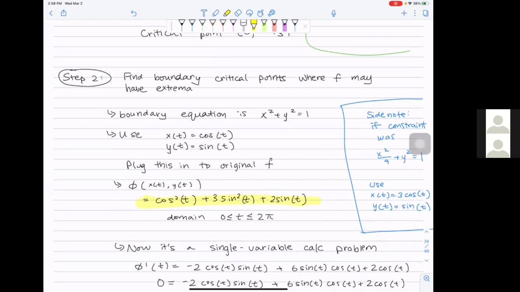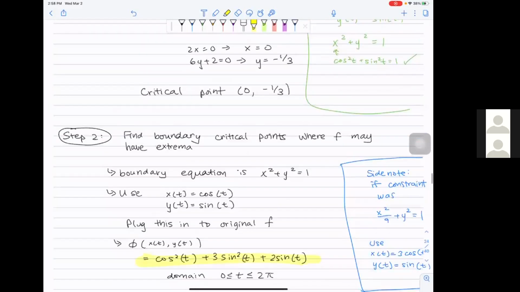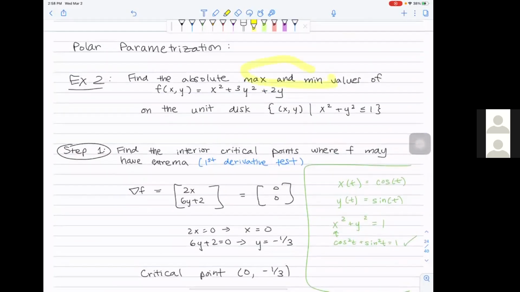I have a question. If the question said find the absolute max and mins on the disk, and it said the disk was this ellipse or whatever, what should I use for x and y?